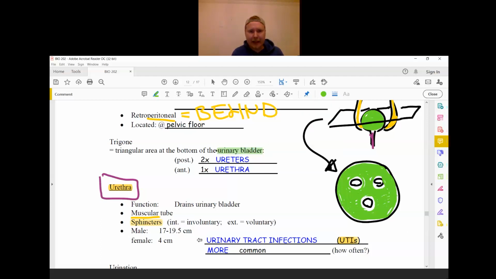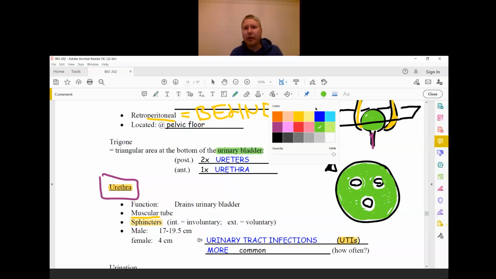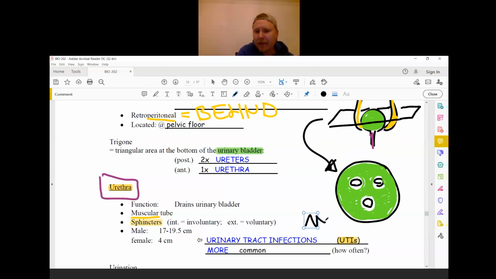Let's list them. For the sake of completeness, I'll add a note that at the bottom we are seeing the anterior side, and at the top the posterior side, the back side.